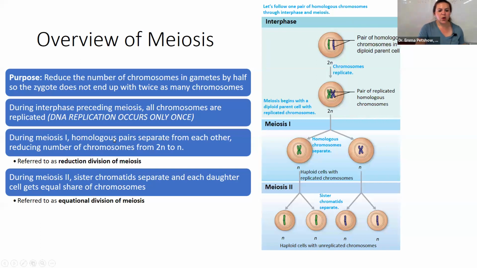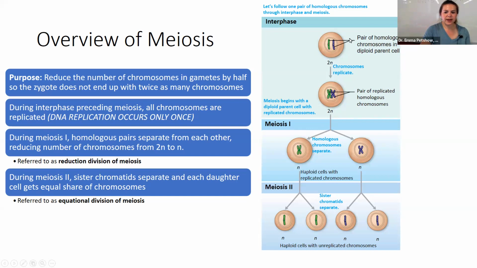During meiosis 1, the homologous pairs, so we see we have a pair of homologous chromosomes. Now we have the pair of replicated homologous chromosomes, both 2N. Then in meiosis 1, we have 2 cells where these homologous chromosomes have separated. We call these haploid with a replicated chromosome because we technically only have 1 pair.